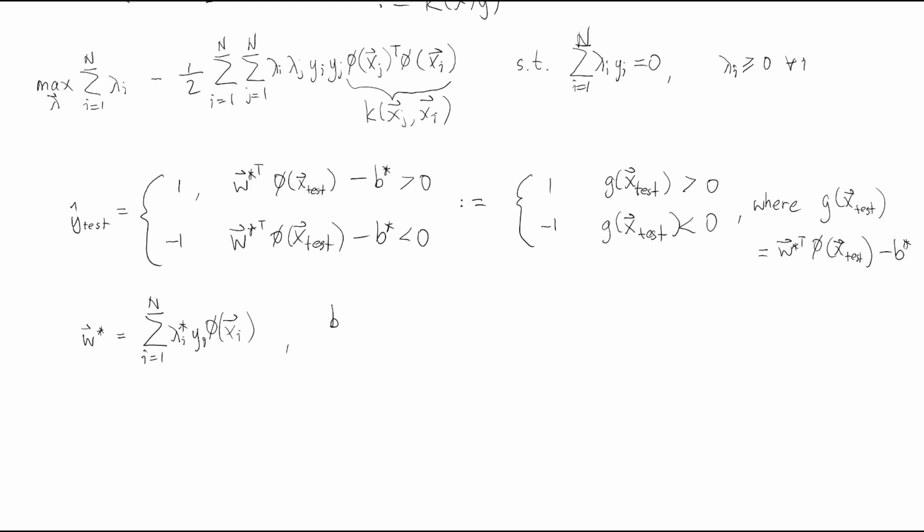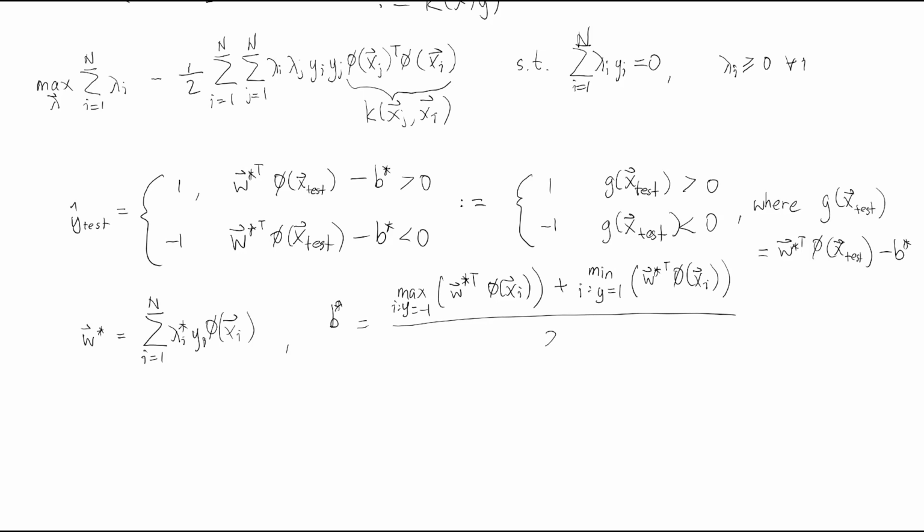And then after we get W star, we can get B star, which is going to be max over all the negative data points first of W star transpose phi of xi, plus min over all the positive data points of W star transpose phi of xi. And then all of that over 2.